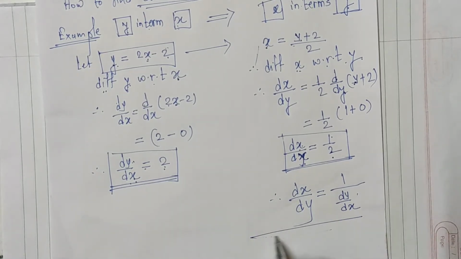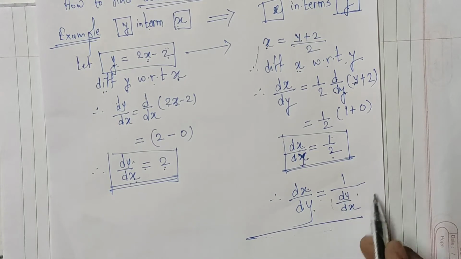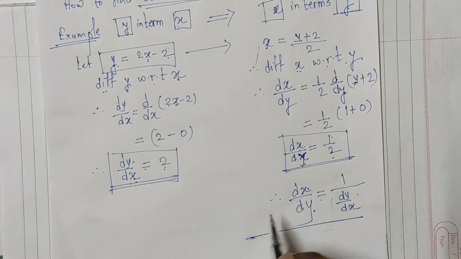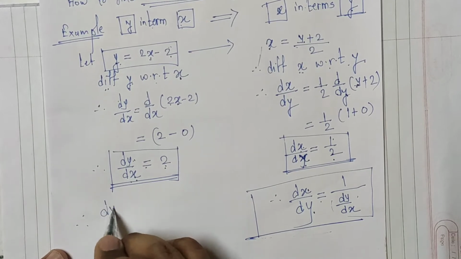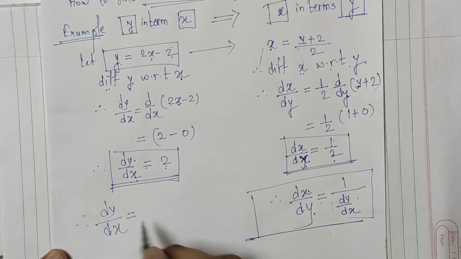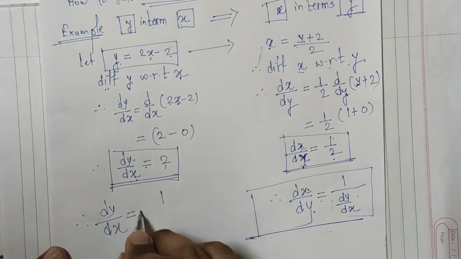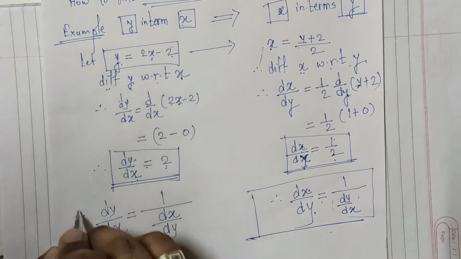Therefore we get a relation. If you want to find the derivative of x with respect to y, then just take the reciprocal of the derivative of y with respect to x. You will get the answer for x with respect to y. Similarly, we can find the derivative of y with respect to x: the reciprocal of the derivative of x with respect to y, that is, 1 upon the derivative of x with respect to y.